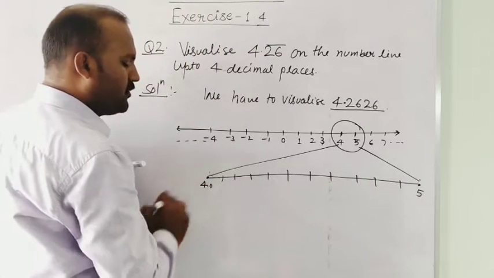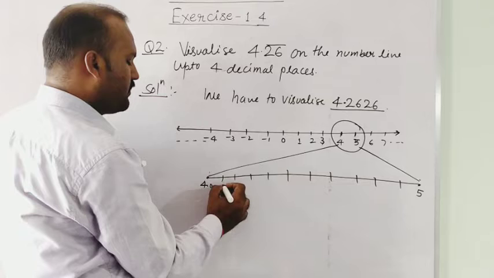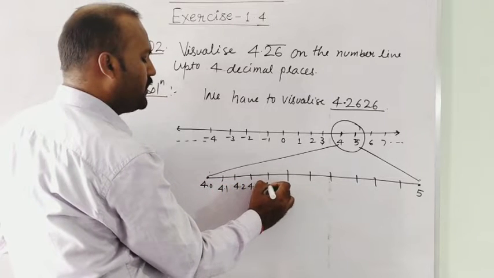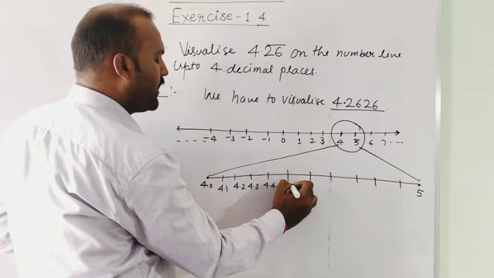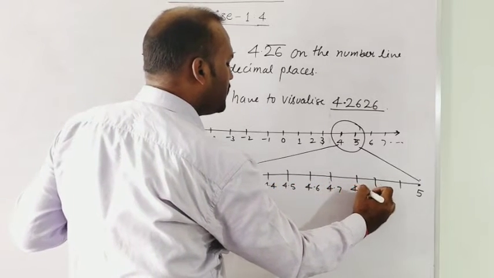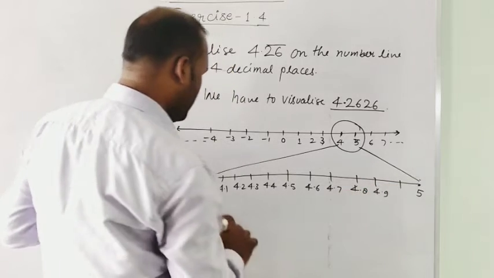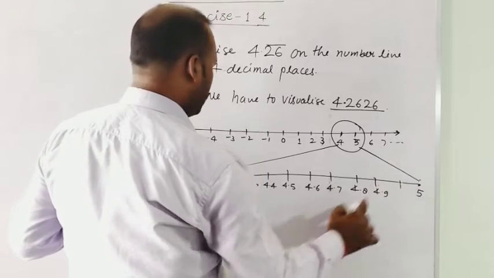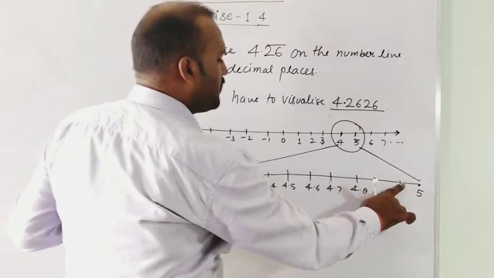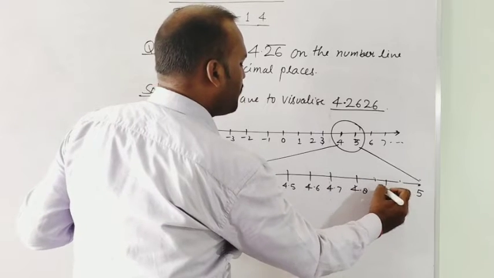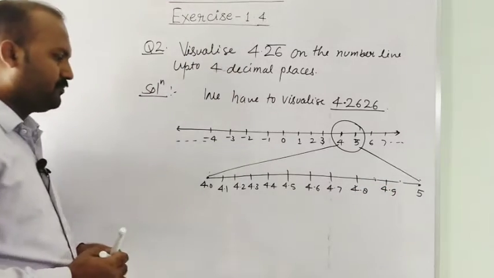This will be 4.0, the first number. This will be 4.1, 4.2, 4.3, 4.4, 4.5, 4.6, 4.7, 4.8, 4.9, and 5.